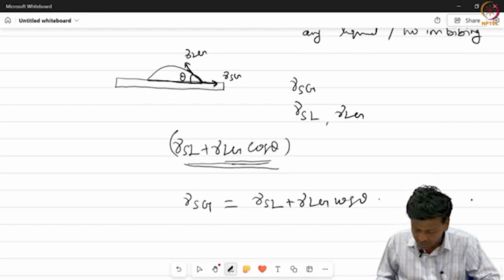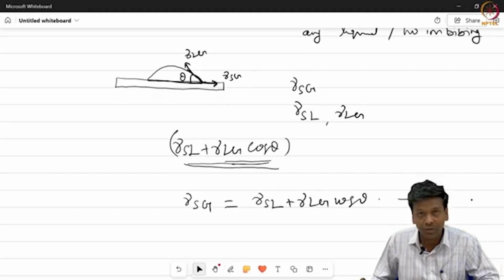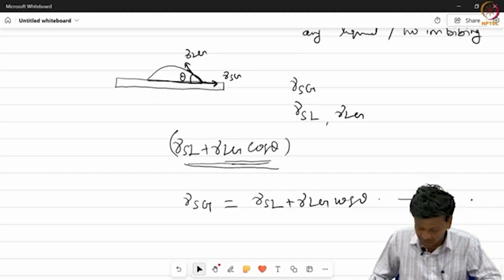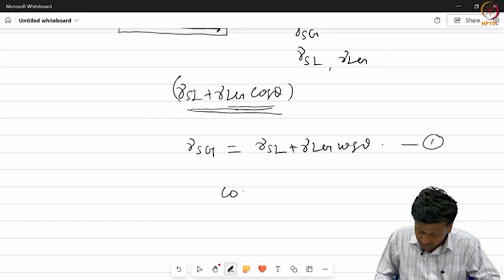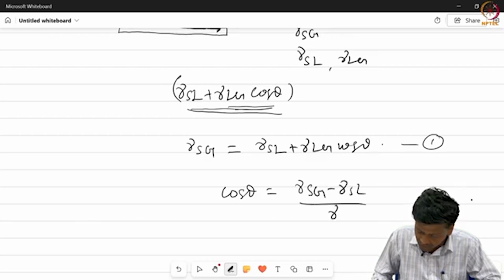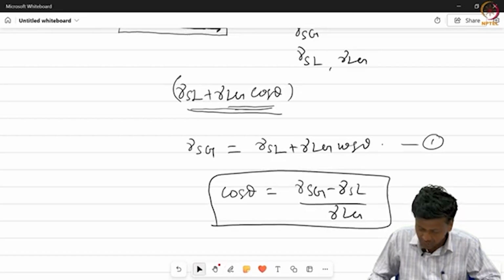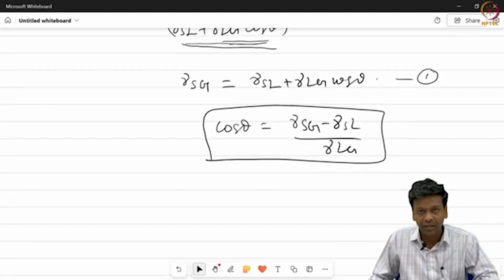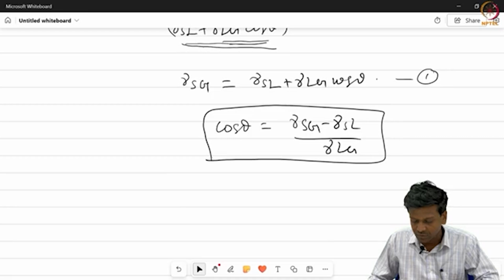One would also calculate cos theta as gamma SG minus gamma SL divided by gamma LG. In this way, you can calculate theta. So this Young's equation can be used to quantify the theta on a given surface, right?